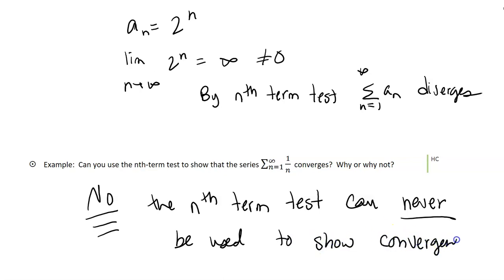Now you're going to want to use it because you're going to look at this and say, well, the limit as n approaches infinity of 1 over n, that's equal to 0. And you're going to want to say that it converges, but you cannot do that. It is not logically sound and it's not correct. We'll talk about how to deal with this in the next section.